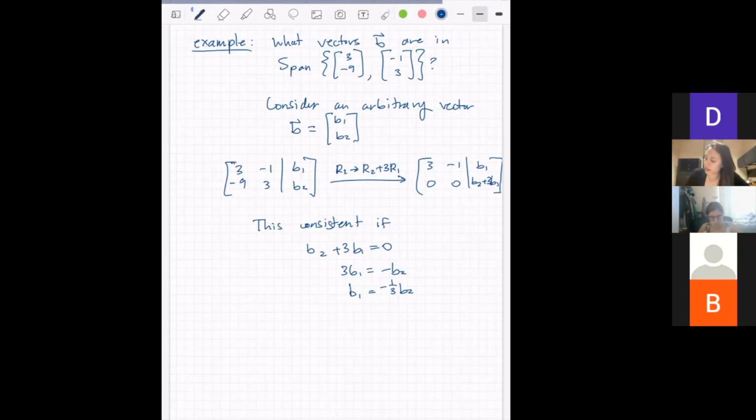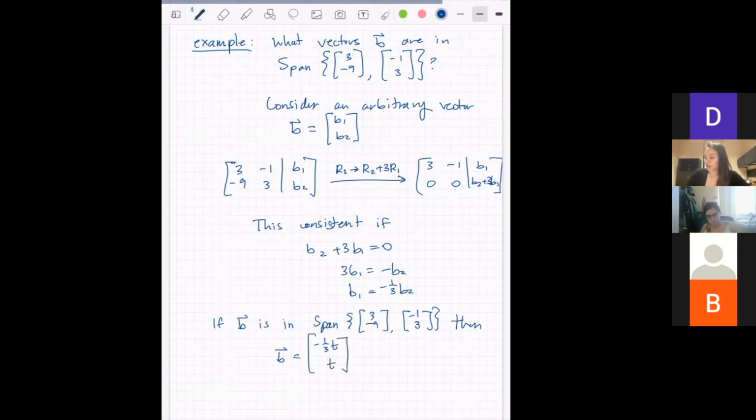So this means that if b is in the span of our vectors, then it should be of the form negative 1/3 t and t.